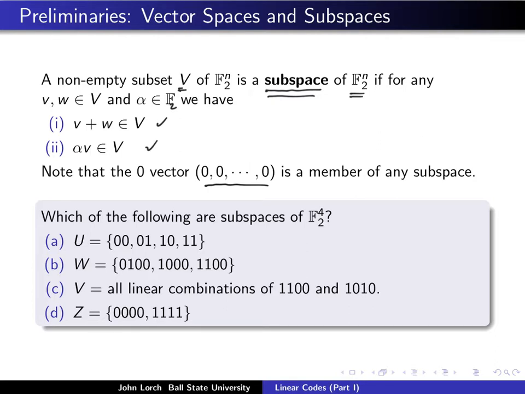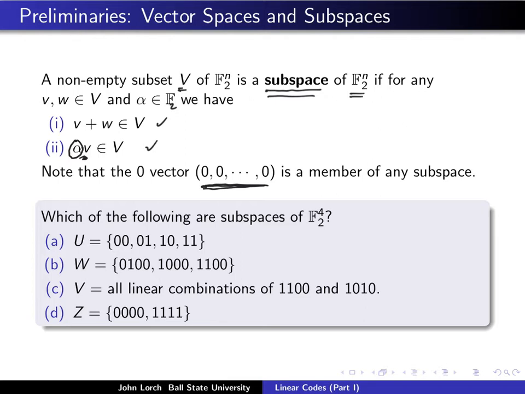For instance, let's suppose v is some vector in capital V. If you multiply by the scalar 0, like if alpha here is equal to 0, then you're going to wind up with this vector here. And that vector, again, must be a member of V by this item 2.